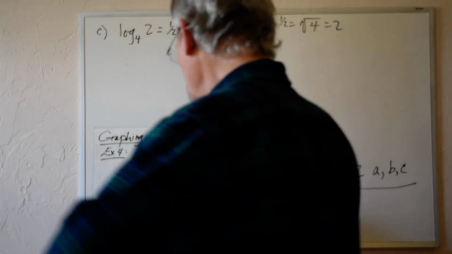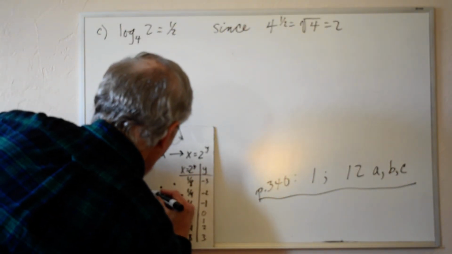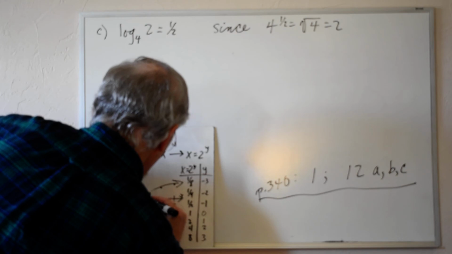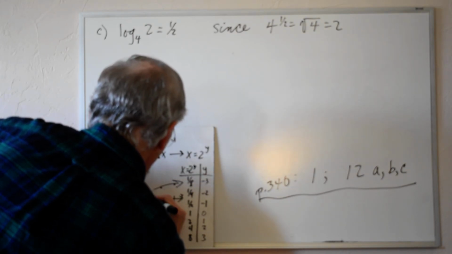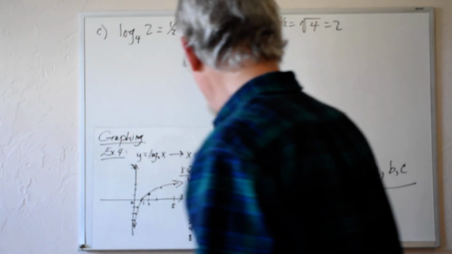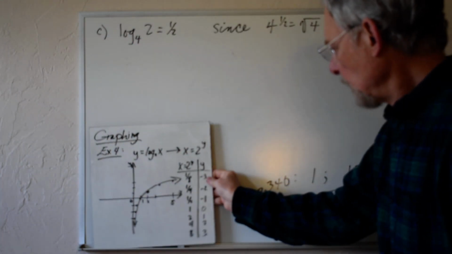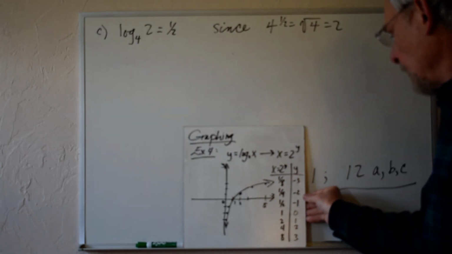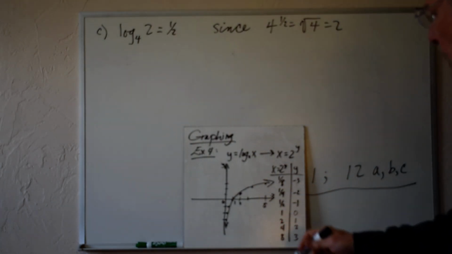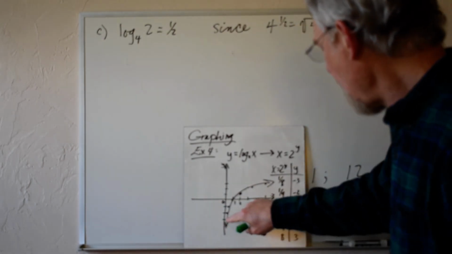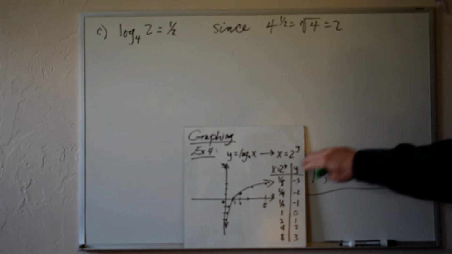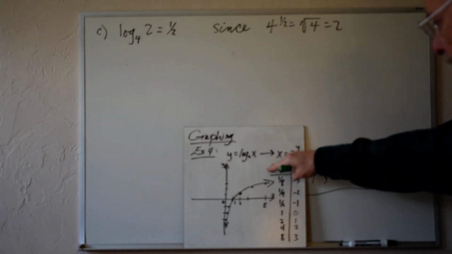If we fill in the curve, it's going to look like that. It sort of looks like the exponential function because it's asymptotic and it kind of flies away like that, but it's flattening as it flies away.